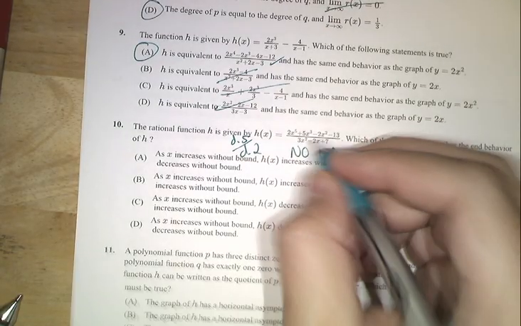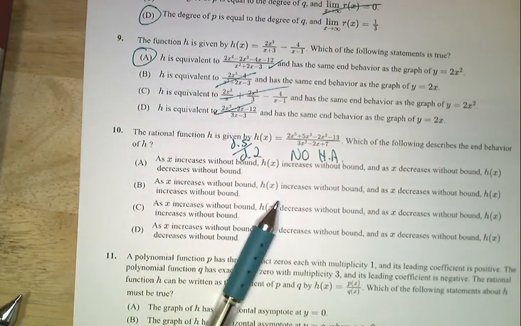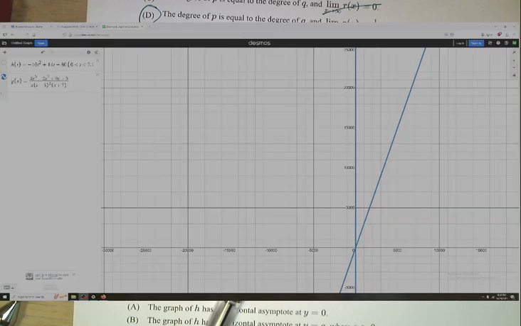So I think we would have to put that into the calculator real quick. So we can hide this last one here. This one's called h of x.